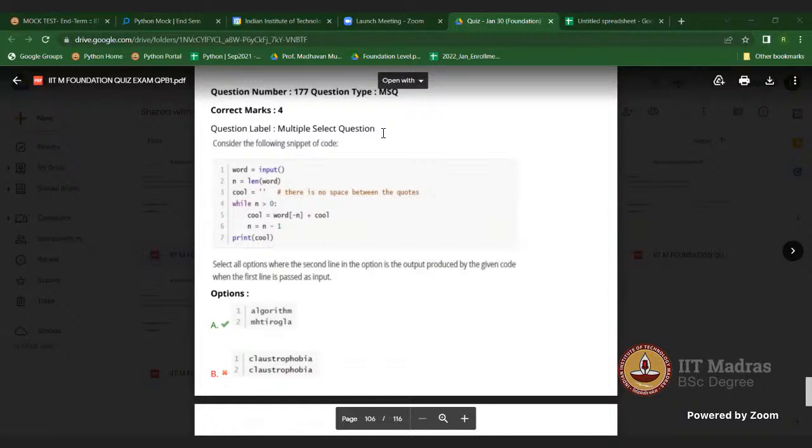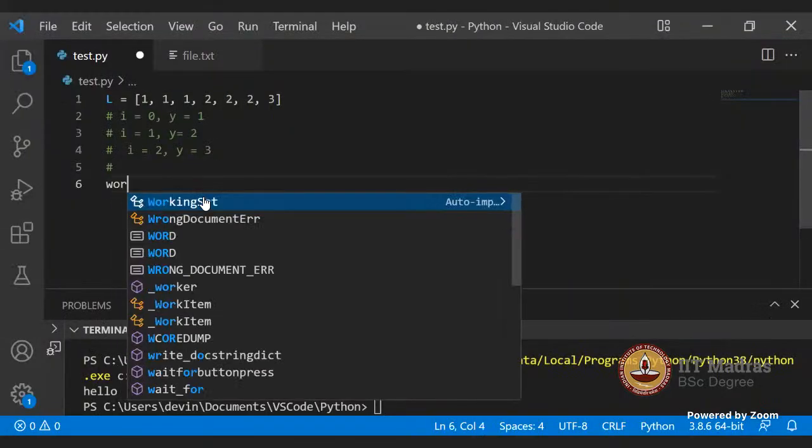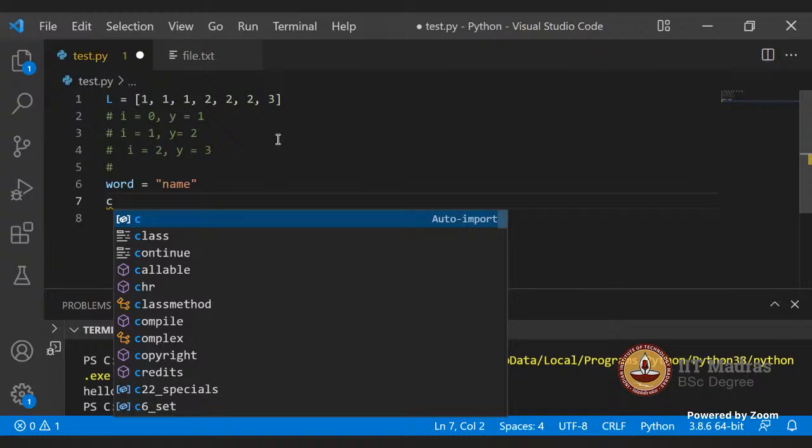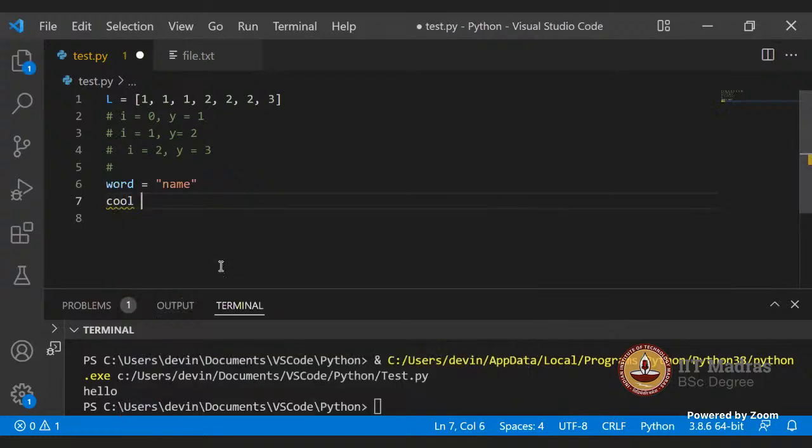We just do it iteratively. Let's say I have the word equals to name. Initially, cool will be equal to n, after the first iteration.